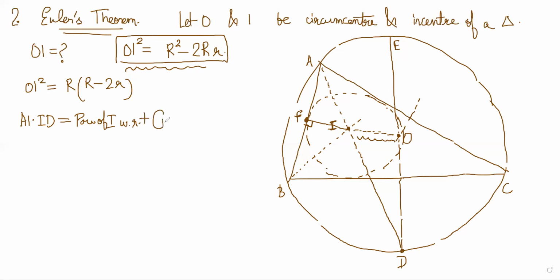The circumcircle. So the power of I with respect to the circumcircle will be OI square minus capital R square, right?